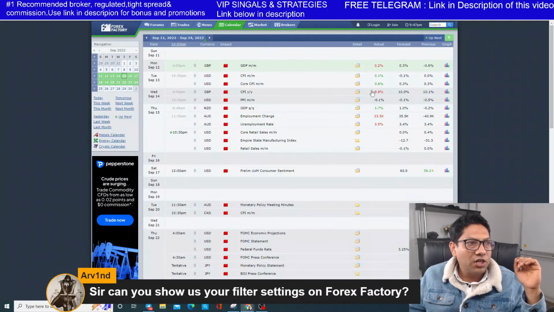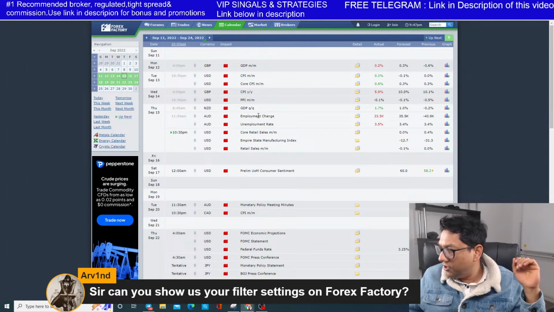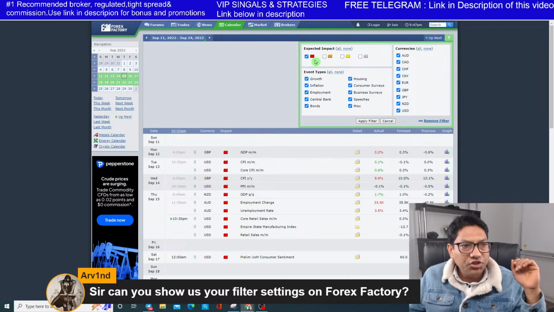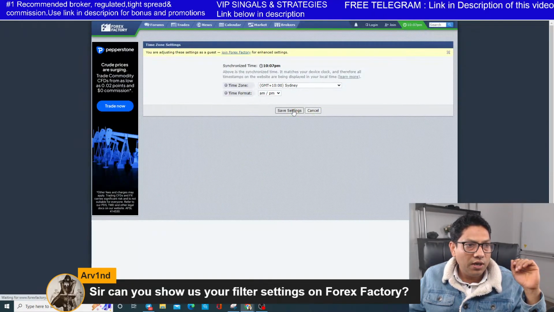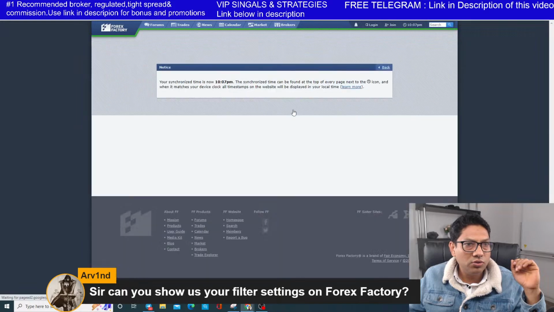So if you go to Forex Factory, the first time you might see a lot of noise. But if you click here, this green filter button, and then uncheck all the unnecessary boxes, only check this red and then apply filter. Now, there is one possibility that this time at the top, which you need to synchronize, becomes unsynchronized. I saved the setting and synchronized with Sydney time.